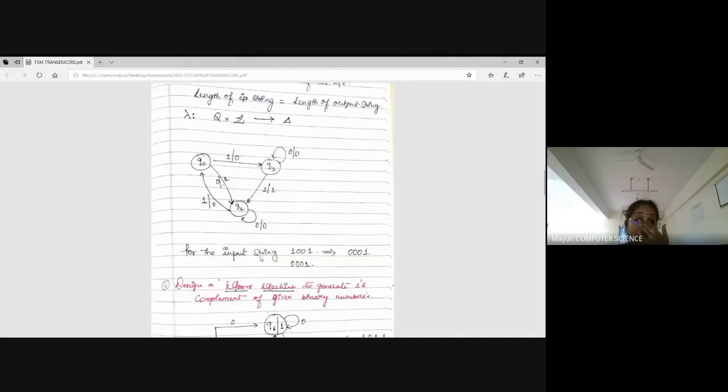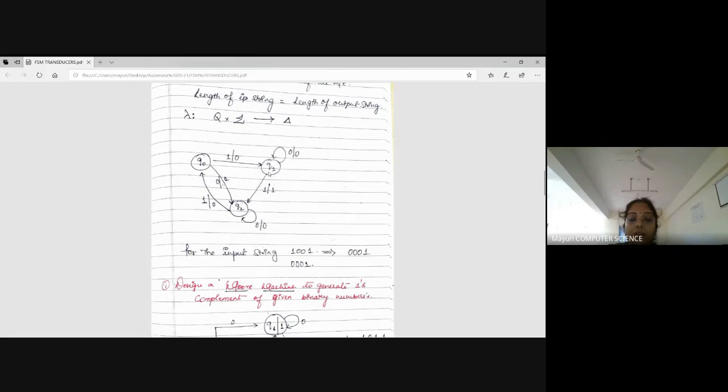Here, just look at the input string 1001. Anyhow, I'm starting it from Q0. Q0, if I give input 1, where does it go? If I give input 1, its output is what? 0. That's what I have written here. Then by this time it might have gone to Q1, right?